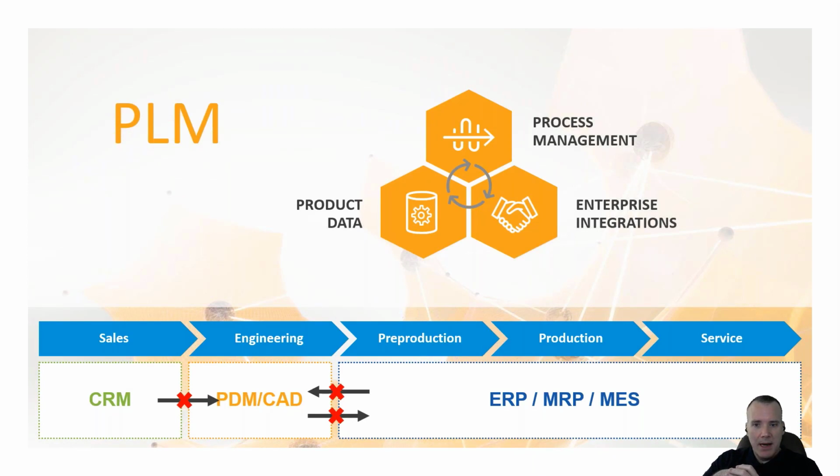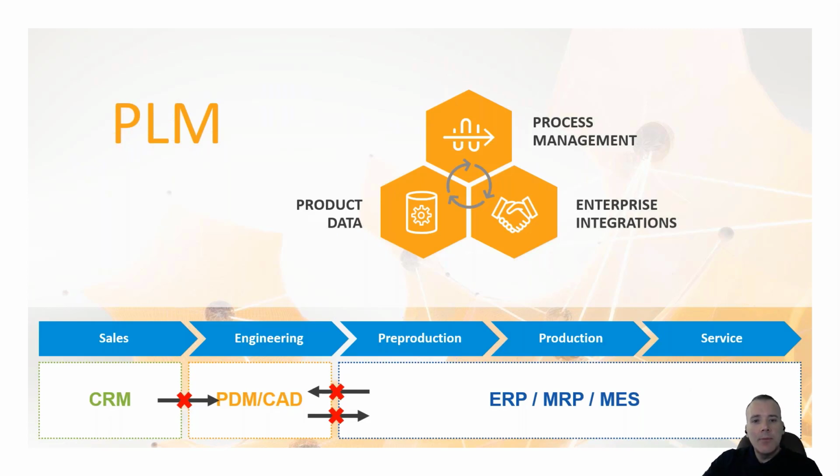Product Lifecycle Management. It integrates the product data, which is typically managed by our PDM systems, with our processes, how we execute not only in production, but across the product lifecycle.